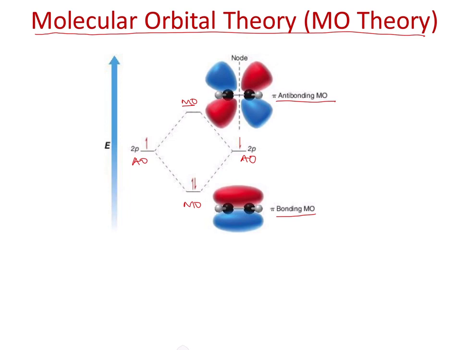So how do we employ this in understanding the cycloaddition reactions? When you look at the anti-bonding, there is a node. A node is a region where electrons are not likely to be found. The bonding molecular orbital allows for interaction of electrons, and it's the most stable.